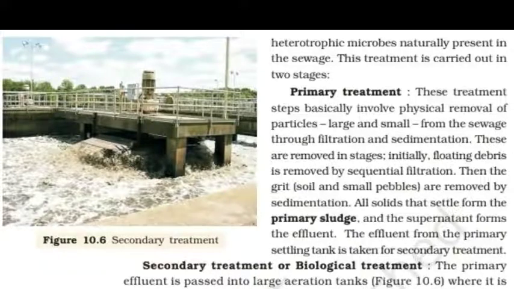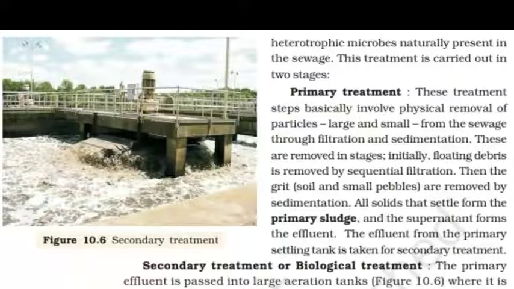Primary treatment. This treatment step basically involves physical removal of particles, large and small, from the sewage through filtration and sedimentation. These are removed in stages. Initially, floating debris is removed by sequential filtration. Then the grit, soil and small pebbles are removed by sedimentation.